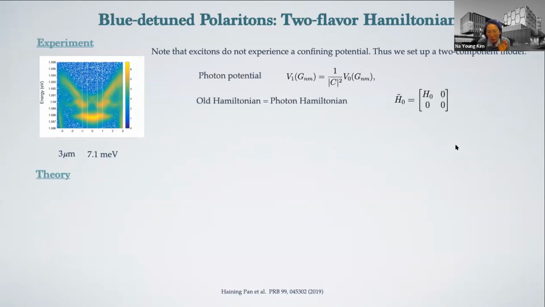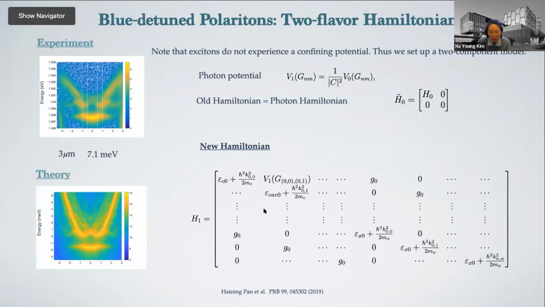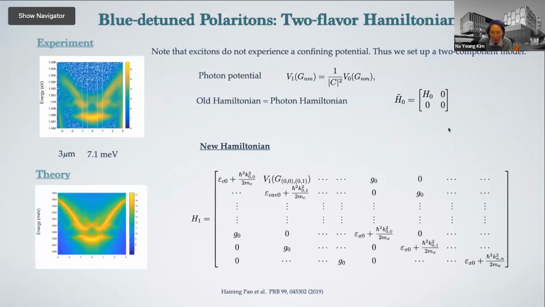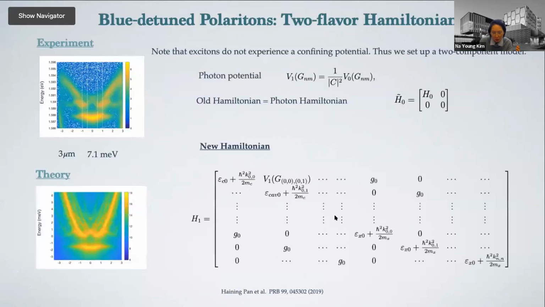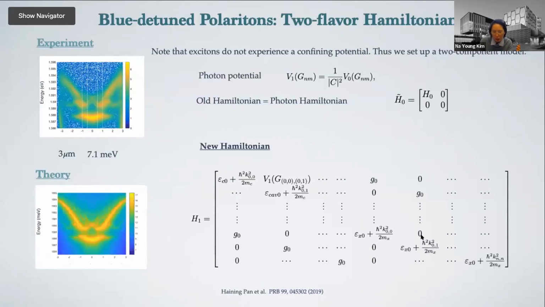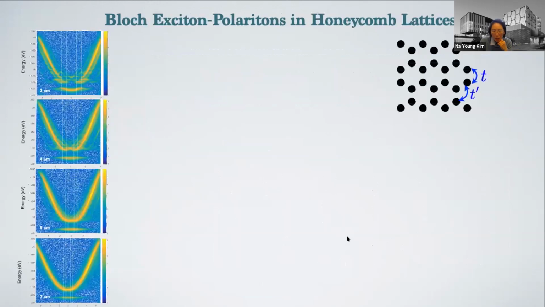Basically, we created the Hamiltonian for the photon part and then the exciton part, and then there is a dipole coupling, so that we are able to explain what happens in the exciton part.